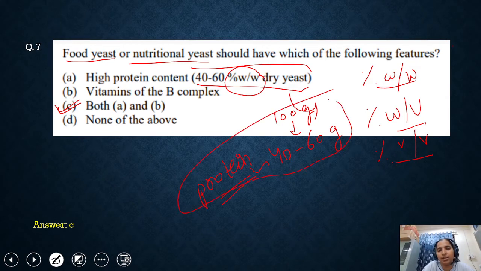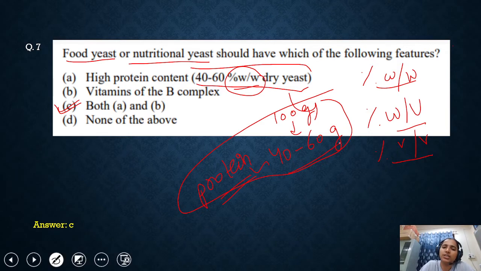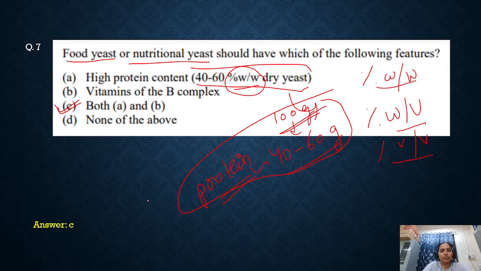So this represents the amount of protein present in the food yeast or dry yeast. That's why we use percentage weight by weight here, because both things are in weight measurement. So for this question the answer is C.